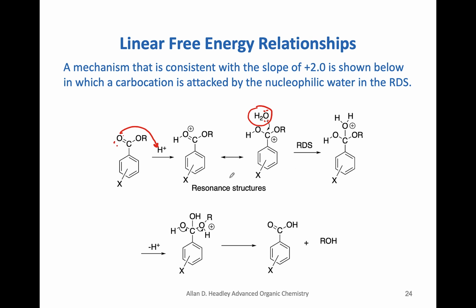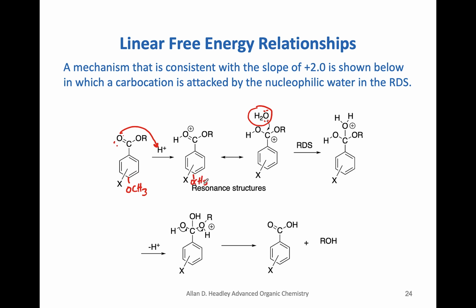Okay, let's just make sure we got it. So if we have here an OCH3, for example, this would favor this being the rate determining step because it will stabilize this species here.